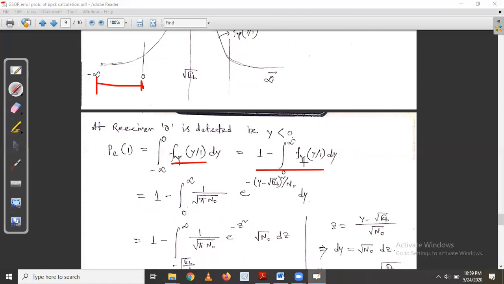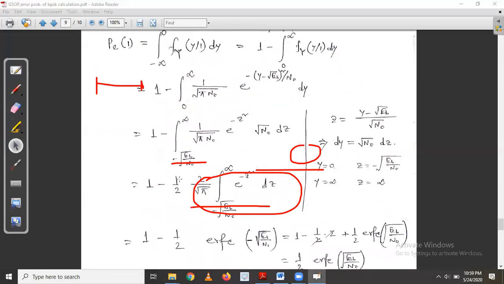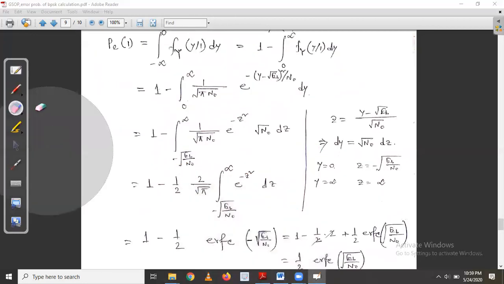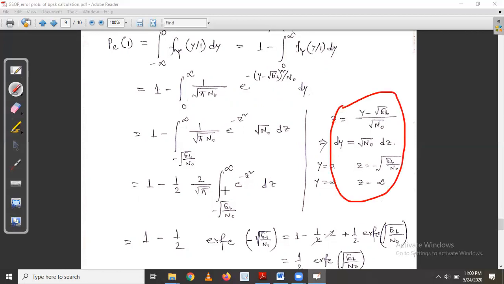Okay. Now, very simple thing, as already we have done, you put this expression here instead of this. Then what are we going to do? Take this portion out, e to the power minus z square by N naught, by considering this integration process. Now we have this one. This will give us this expression.